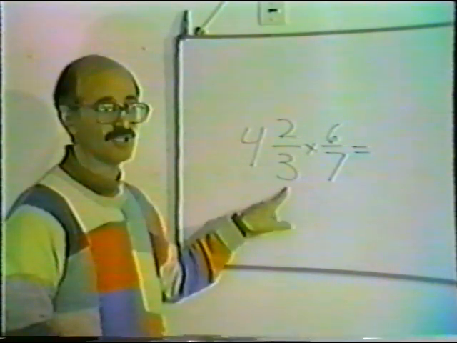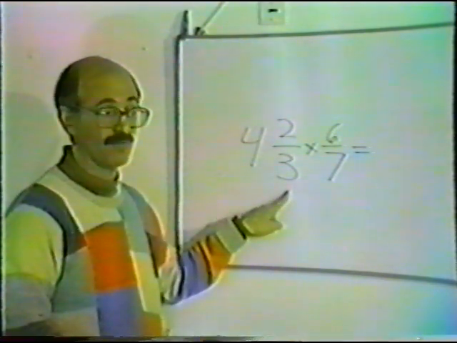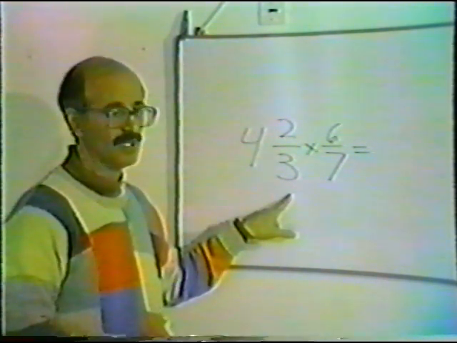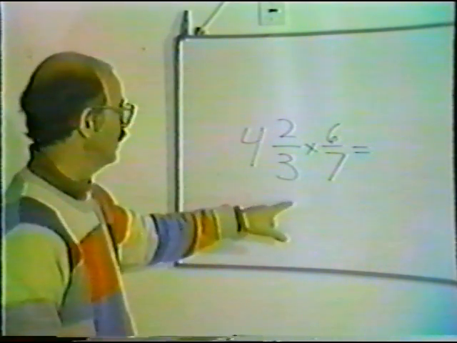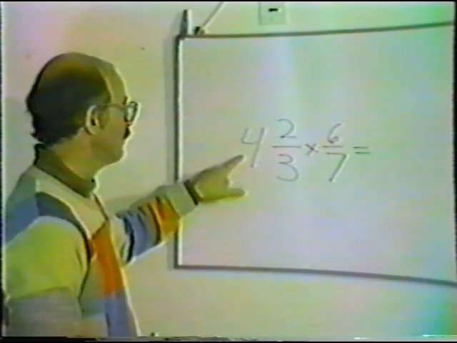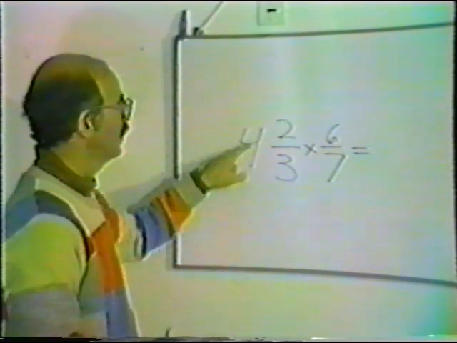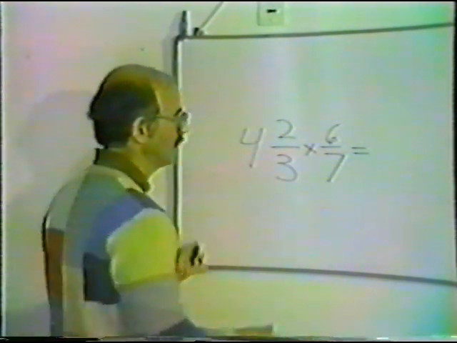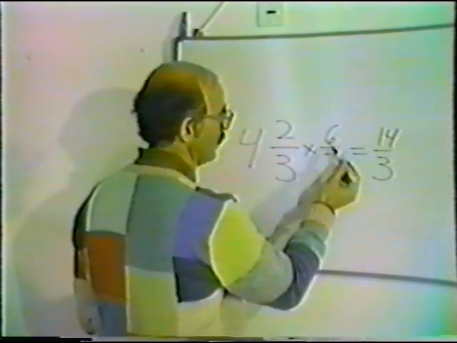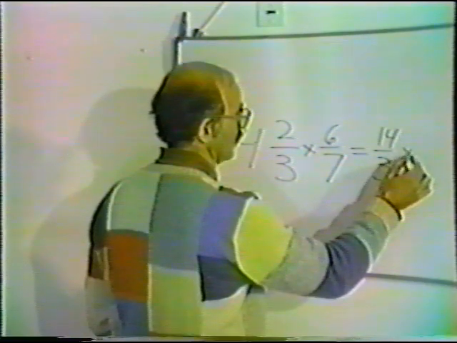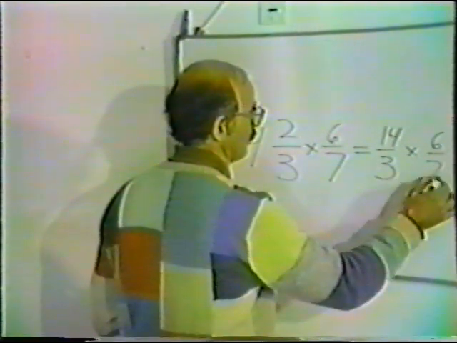So we have to change it to an improper fraction. We have to rewrite the problem with that change. Let's change it. 3 times 4 is? 12. Plus 2 is? 14. 14 thirds, and the 6 sevenths stays the same.